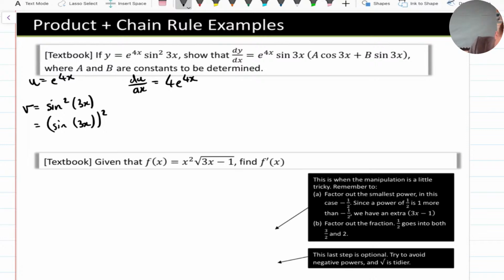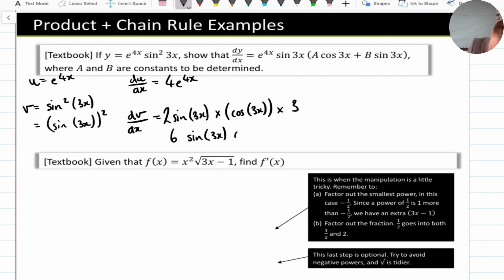If I differentiate this one, it's going to be dv by dx. Well, the outermost layer is that 2. Then I've got the sine, then I've got the 3x. So it's going to be 2 sine of 3x times, so that's the 2 first, the sine of 3x is going to be cos of 3x, times the innermost layer, which is that 3x, which is going to be 3. So this one here is 6 sine of 3x cos of 3x.